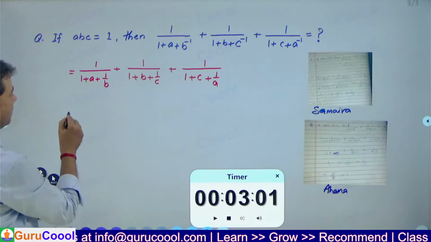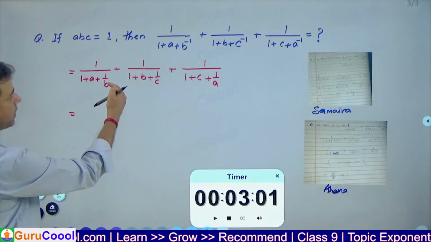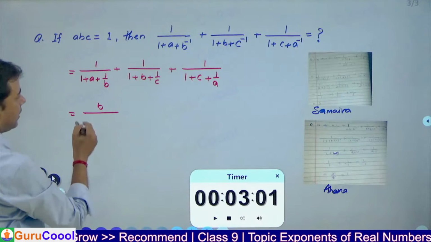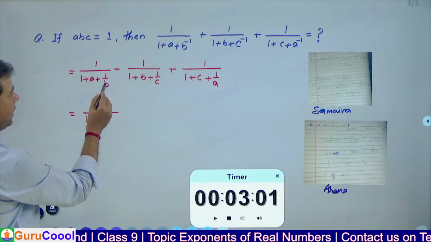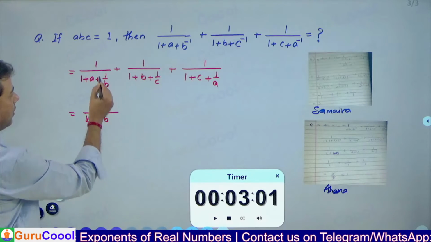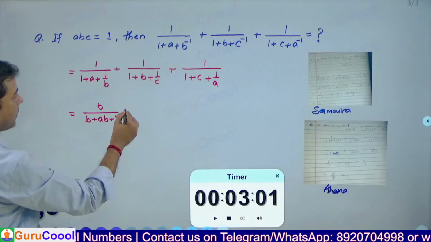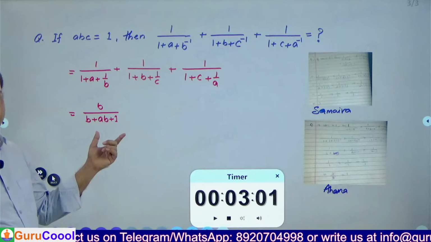In the first one, LCM will be b, which will be reciprocated to go to the numerator. And here is b into 1, b into a, that is ab. Then b went to top, so it's 1 only remaining. Is that clear?